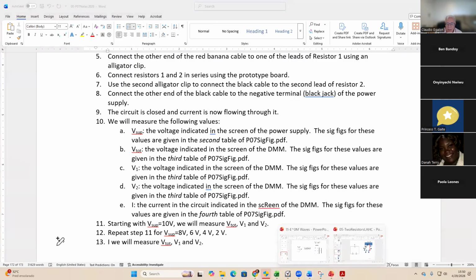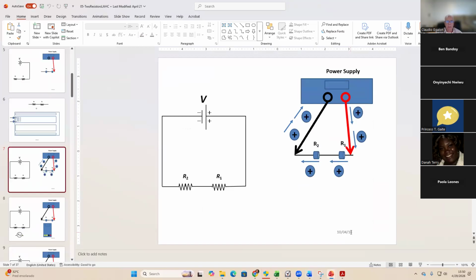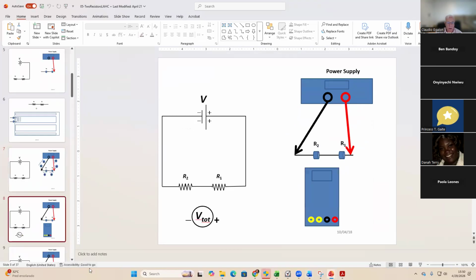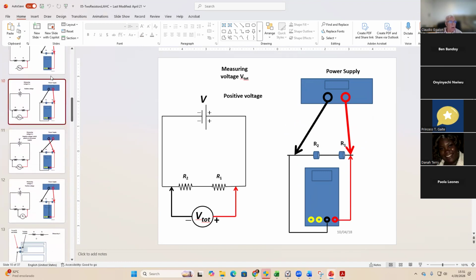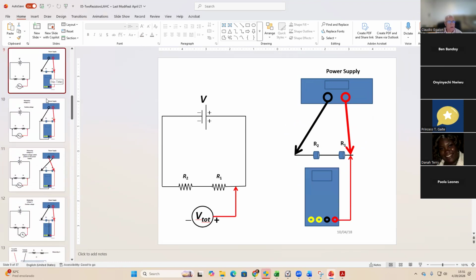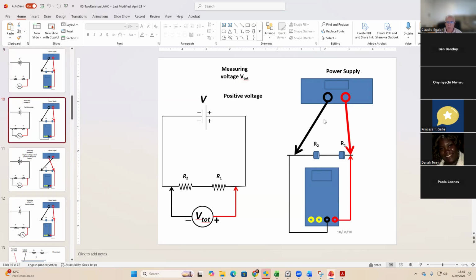We're not measuring current yet, okay? So here you go, the multimeter is connected to those two terminals of the power supply.